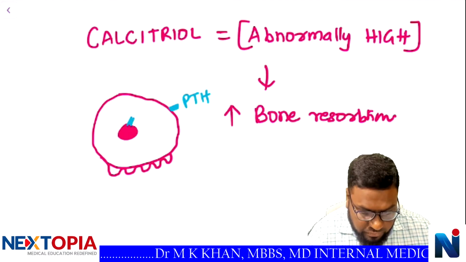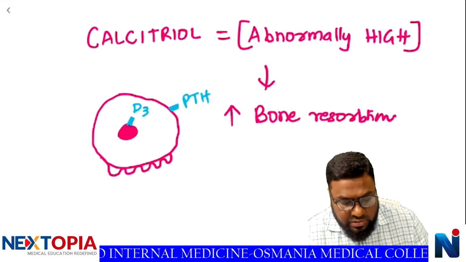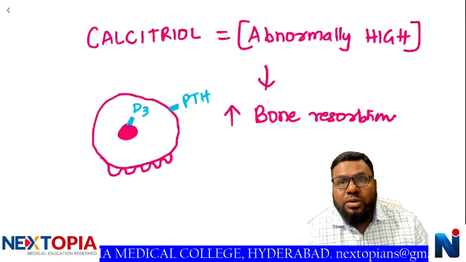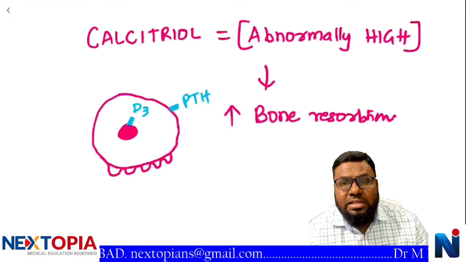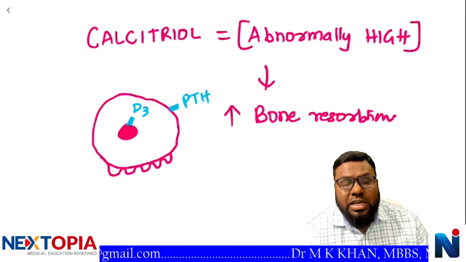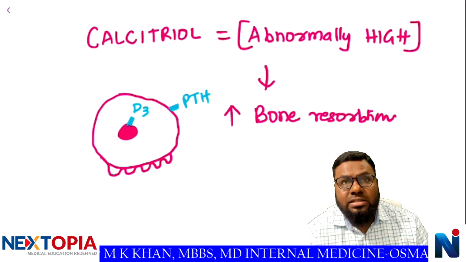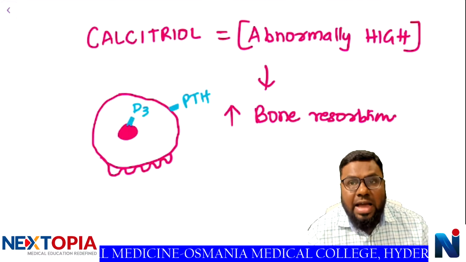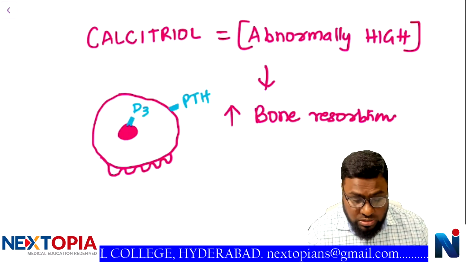Receptors of vitamin D, calcitriol, D3, are present on the nucleus. These are nuclear receptors, and through communication from the osteoblast, the activity of osteoclast is carried out by RANK ligand. We all know the mechanism.